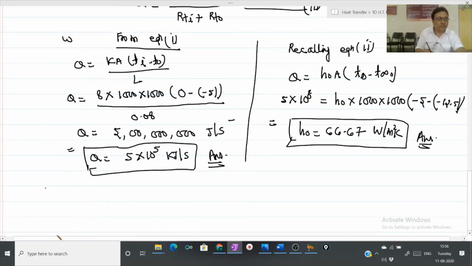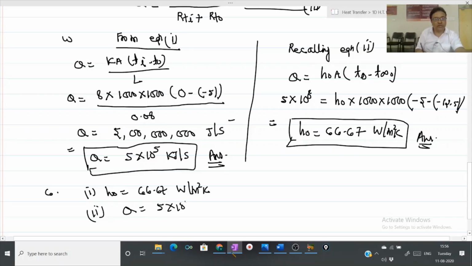Now let us sum up. The first thing was ho, 66.67 watt per meter square Kelvin, and second thing was heat transfer rate, that is 5 into 10 to power 5 kilojoule per second. So this way we can solve this problem.